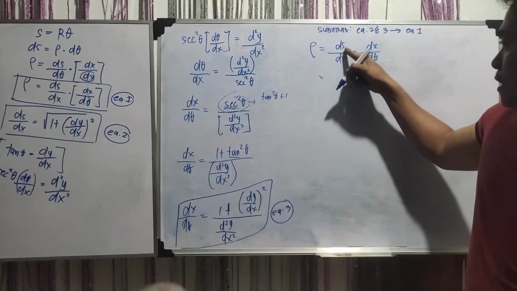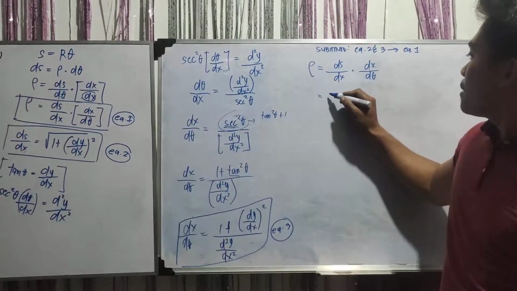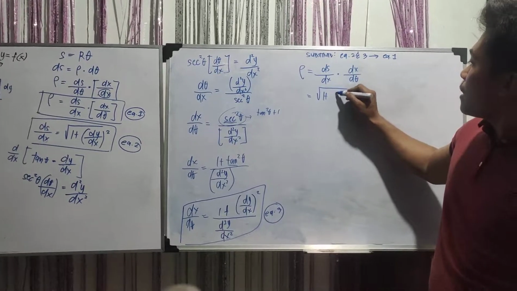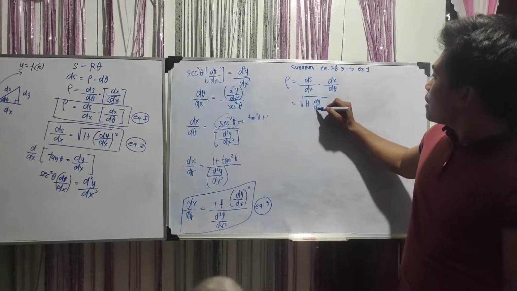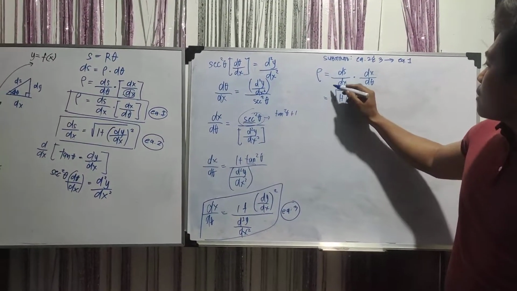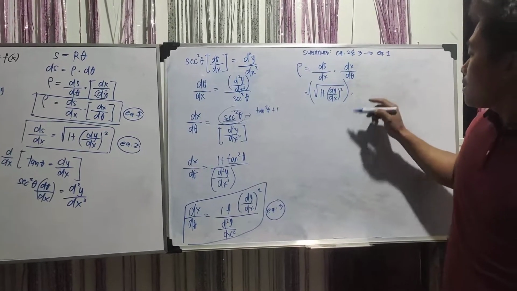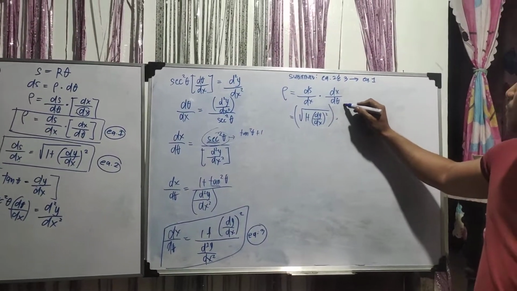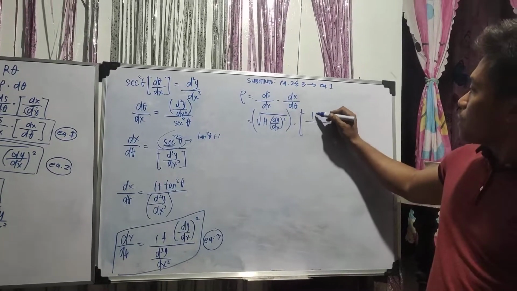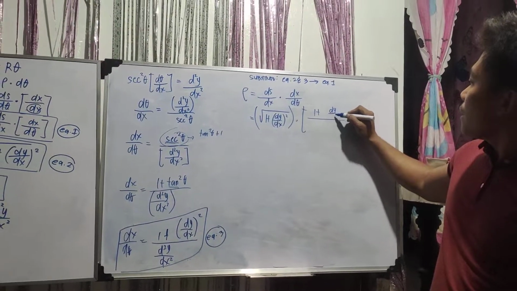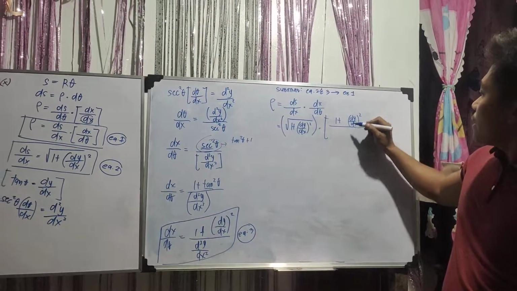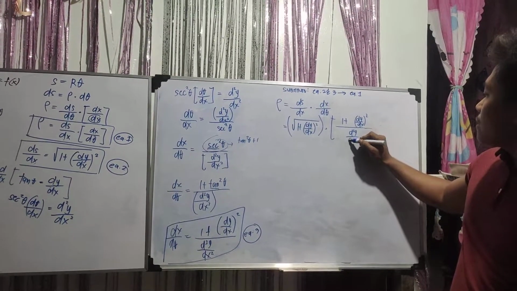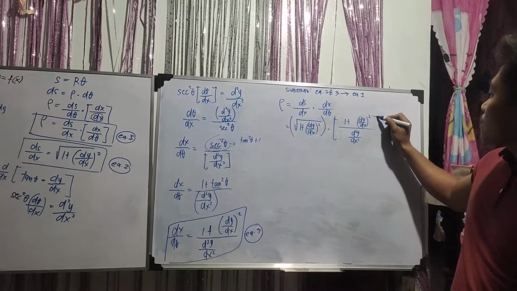The value of ds over dx is just the square root of 1 plus dy over dx squared. Times, what is dx over d theta? That is just 1 plus dy over dx squared over d squared y over dx squared.